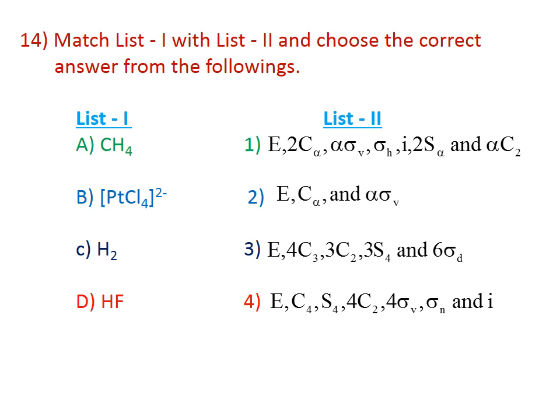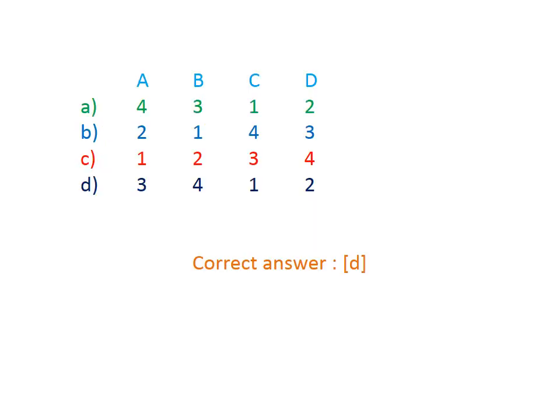For H2 the answer is 1. For HF the answer is 2: E, C infinity and sigma V. Therefore the correct option is 3, 4, 1, 2. Here the correct answer is D, 3, 4, 1 and 2. This is the correct answer for this question.